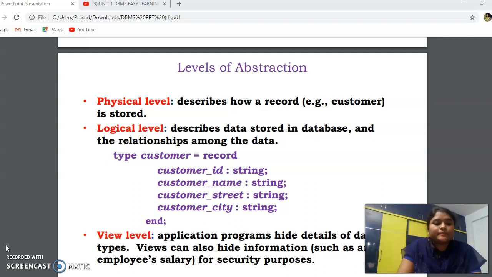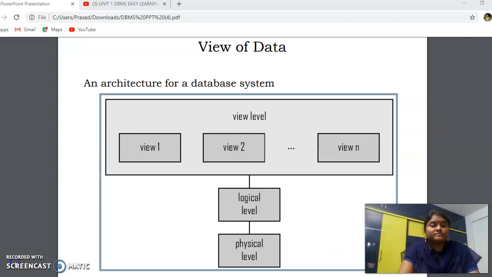It maintains a graphical user interface, and by using the graphical user interface, the user will interact with the database. Here it hides all the data. The user will not be aware how data is stored and what data is stored. All such details are hidden from the user.